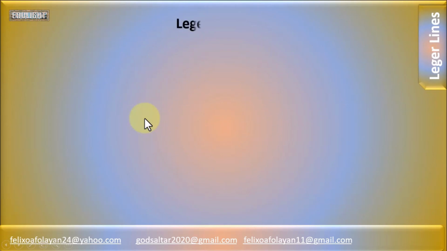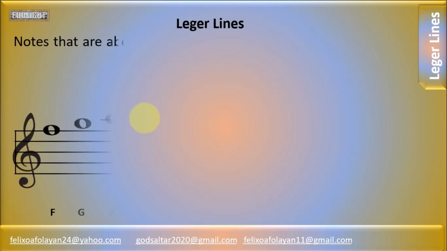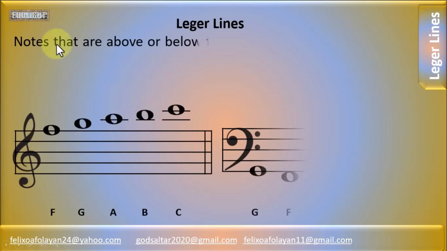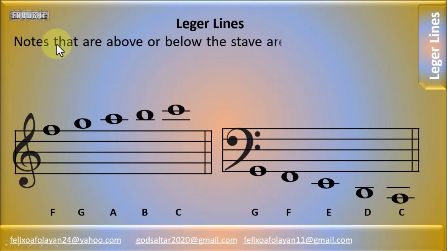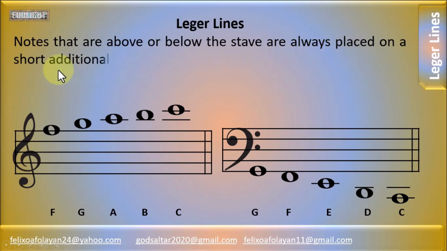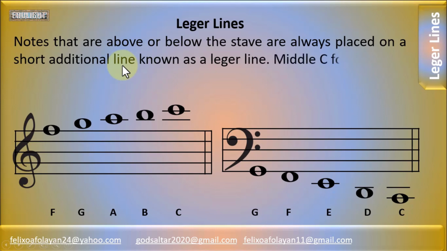Ledger line. Notes that are above or below the staff are always placed on a short additional line. You can see there, a short additional line, known as a ledger line.